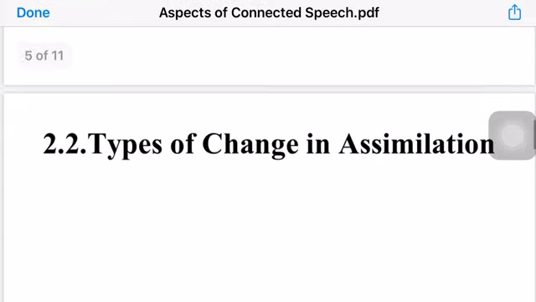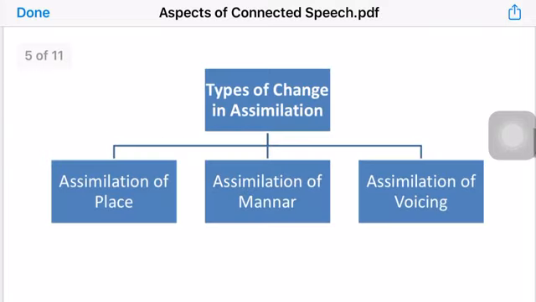We also talked about the different types of change in assimilation. We saw that the types of assimilation can be divided into three main types. Assimilation of place of articulation, which we talked about previously. We also have assimilation of manner of articulation.